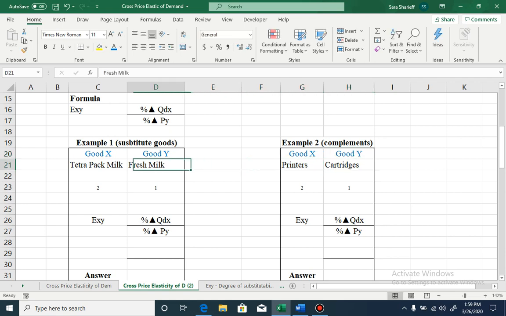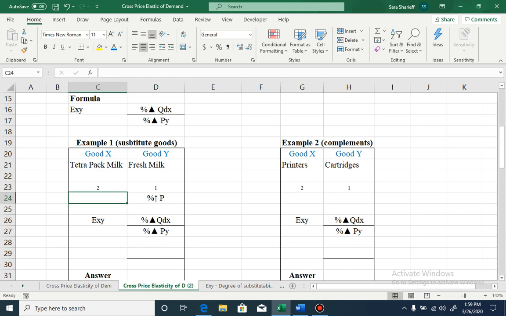Alright, now let's say in our example number 1, prices of fresh milk increase. There is some percentage increase in the price of fresh milk. How will that impact the quantity demanded of Tetra Pak milk? Just apply common sense. Fresh milk is getting expensive.